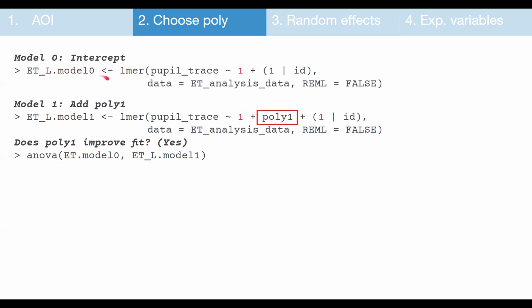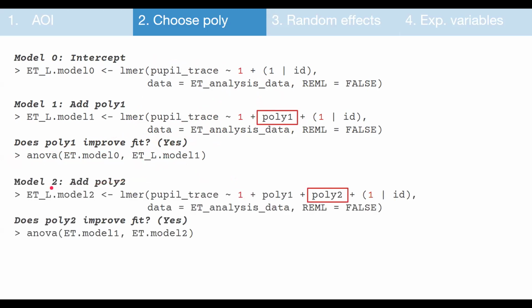So for example, here we have the pupil trace as a function of the intercept. So this does not include any polynomials. And we compare this model with the model that includes the poly1 term. We will do an ANOVA, and we will see if including the poly1 term improves fit. And what we see is that it does.